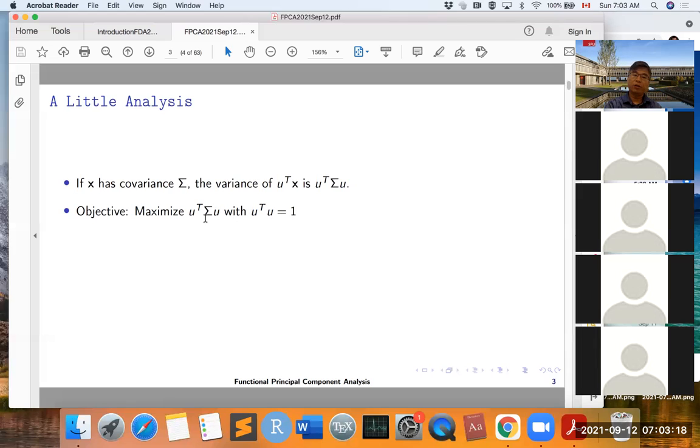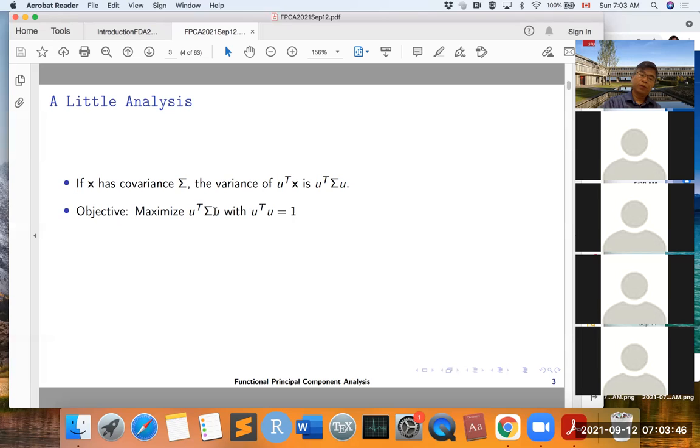The reason is that if we multiply u by 10, then u transpose capital Sigma u will become 100 times the original variance, right? So if we don't have the constraint on the length of u, this variance can increase indefinitely.